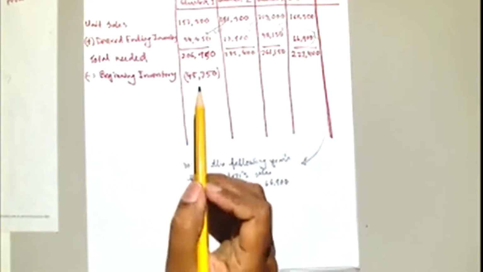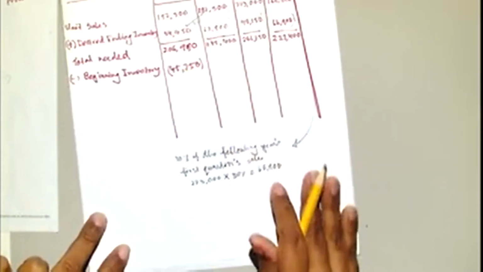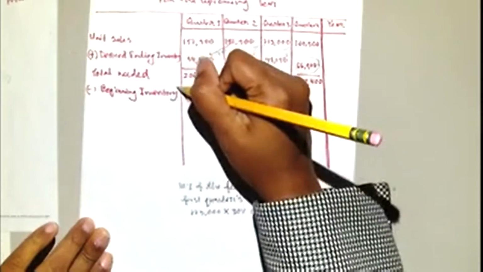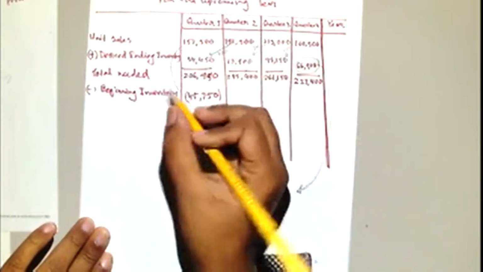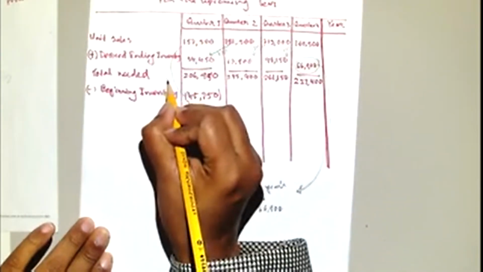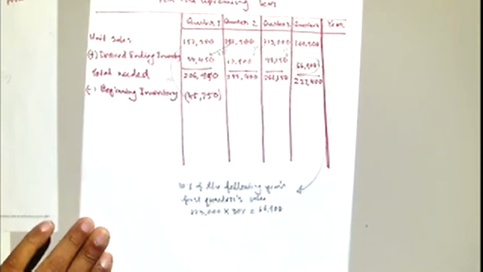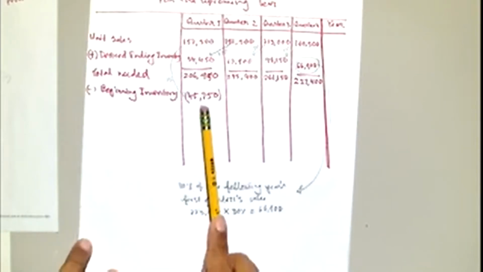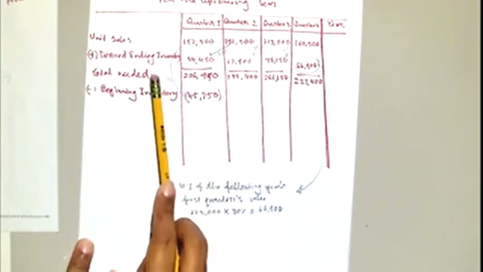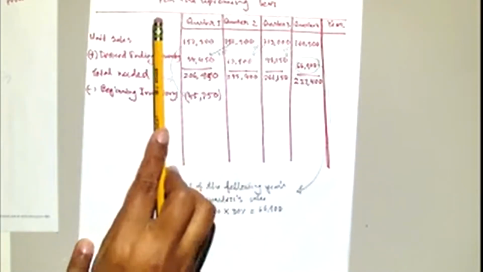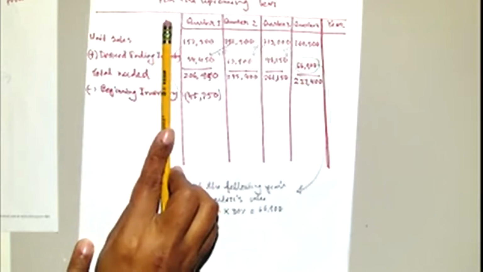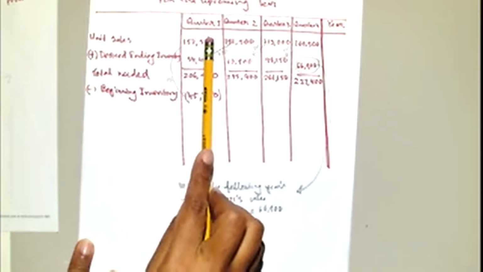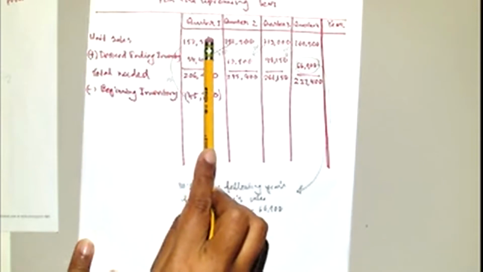Great, Paul. Paul thinks that this is 30% of this quarter's unit sales. Why? Try to understand the logic. Don't try to be mechanical or memorize anything. This beginning inventory should be your last quarter's ending inventory, and the last quarter's ending inventory is always the following quarter's 30% of sales.